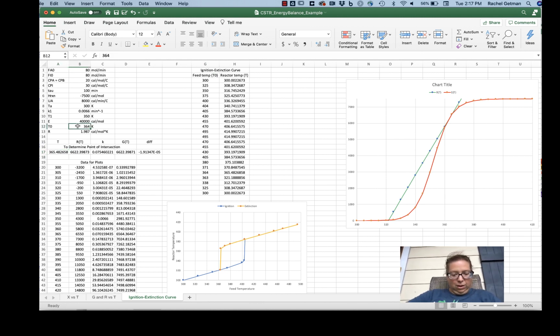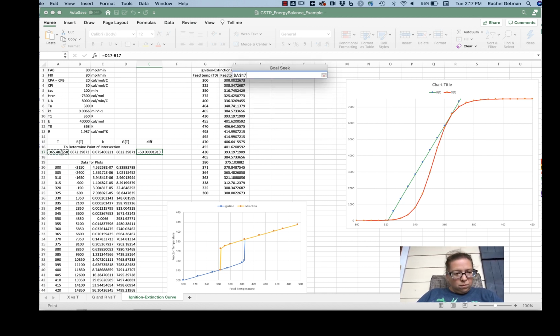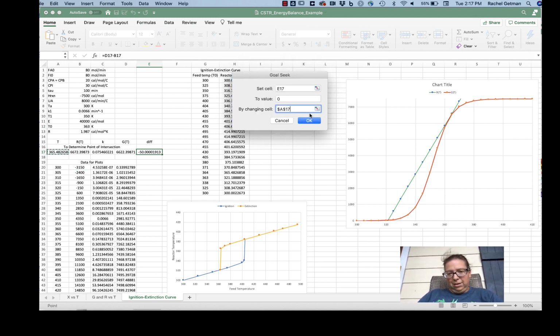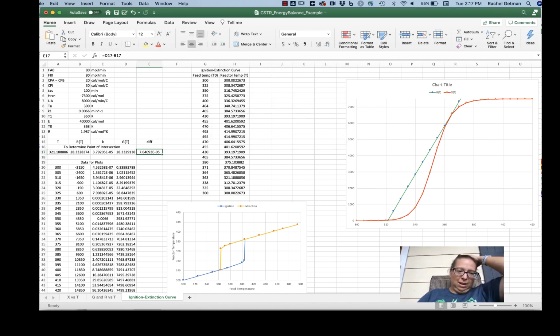So I say 363 for my feed, and then I can solve for the temperature that meets, and we're going to see, as we saw a minute ago, that it goes down to the lower steady states. The temperature drops, and my point of intersection is down here at 321.2. So that value is how I got that.